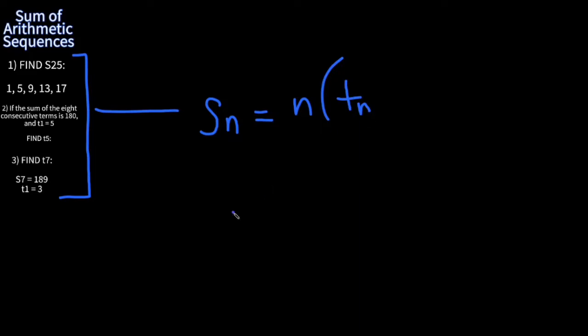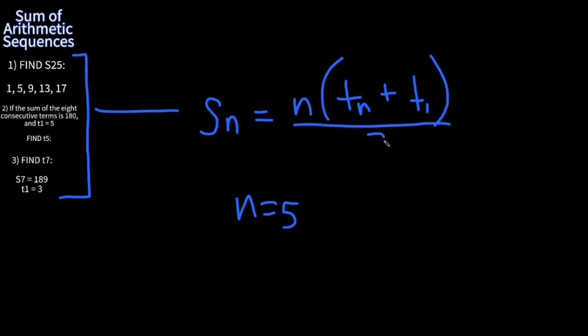So if n is equal to 5, you would substitute 5 here, 5 here, and 5 here. Be sure to note that. Plus the first term, and everything is divided by 2.